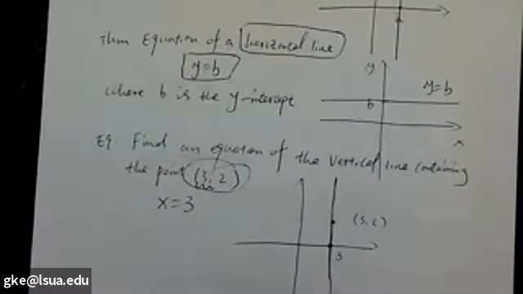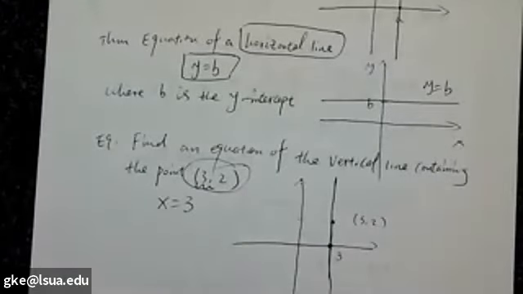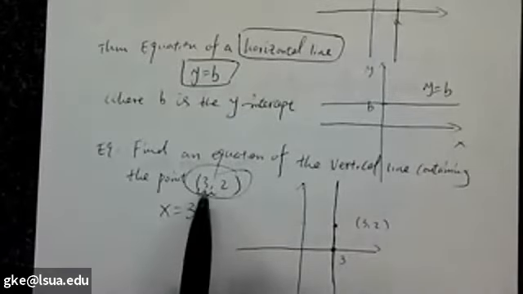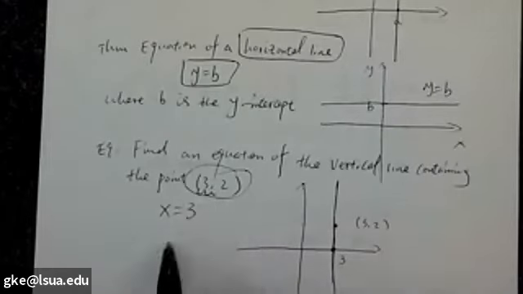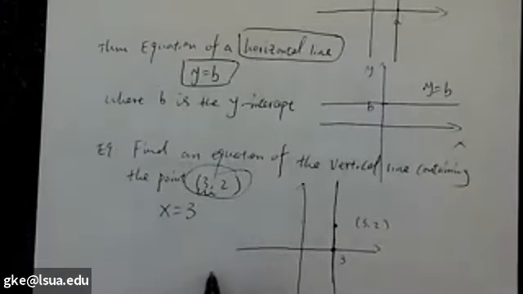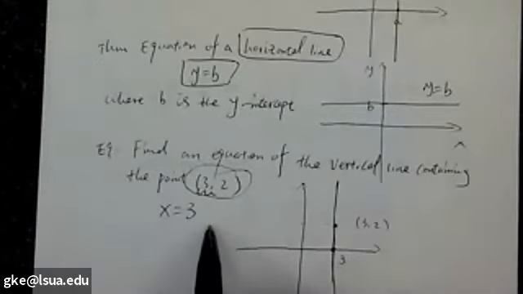That means x equals 3 is the vertical line. Okay, that's the trick. Understood? If this point has x-coordinate 3, then let x equals 3. That is the vertical line.